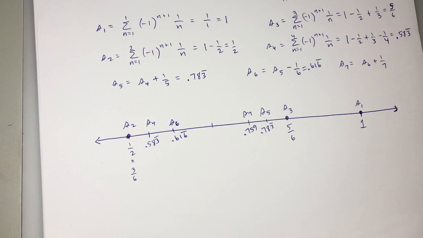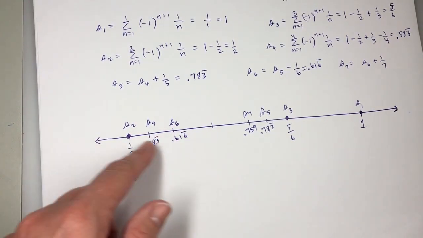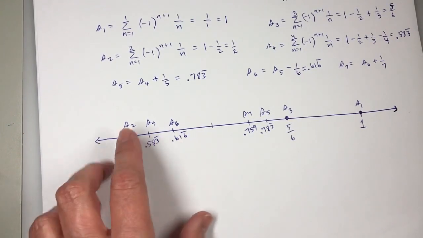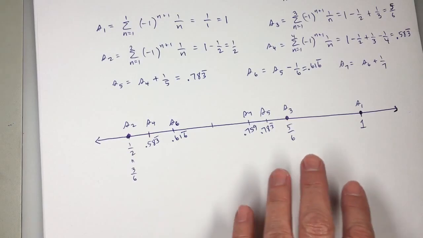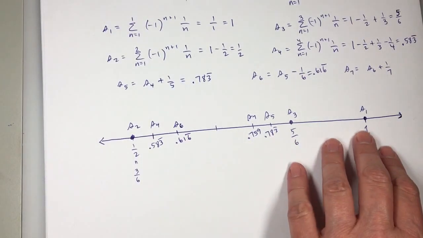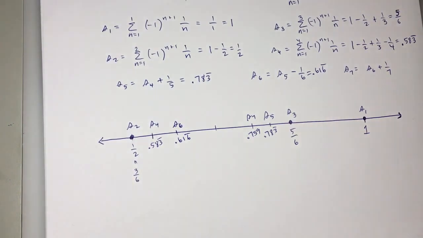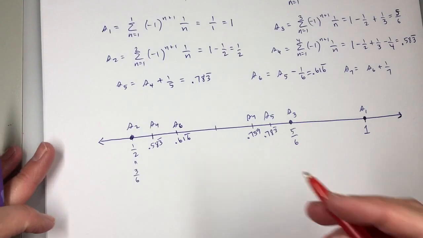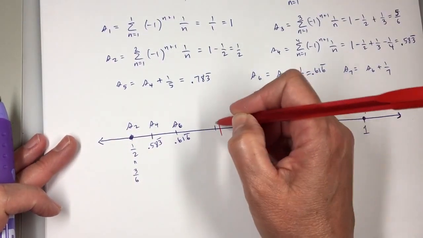The partial sums with an even subscript all fall to the right side on this number line. The partial sums with an odd subscript all fall to the left side of this number line. And the true sum is going to be somewhere in the middle.